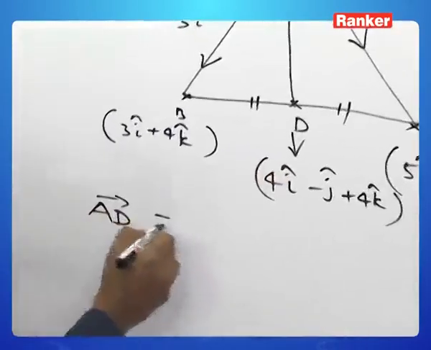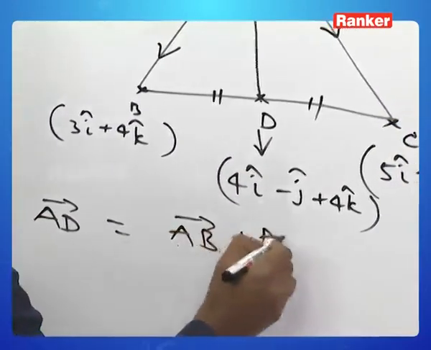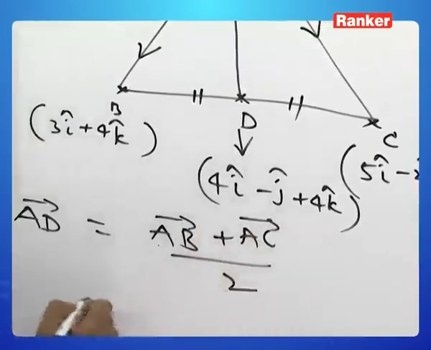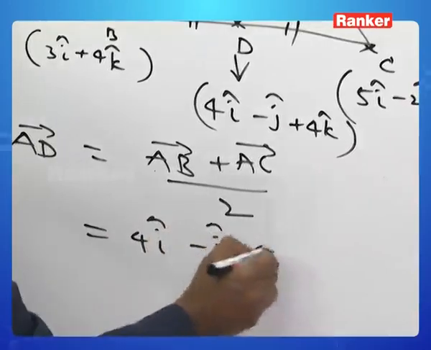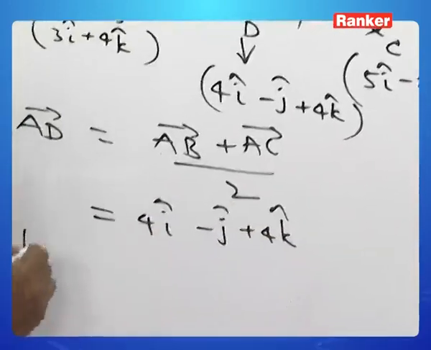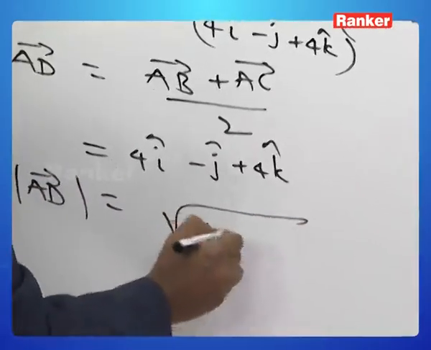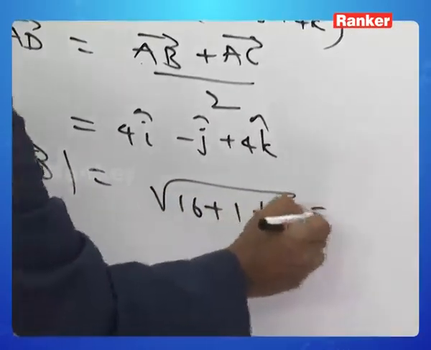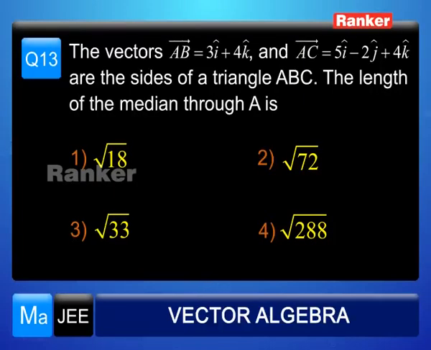AD vector is given by AB plus AC by 2, and that is 4i minus j plus 4k. So clearly the magnitude of AD is equal to the square root of 16 plus 1 plus 16, and that is equal to root 33. So the right option is option 3.